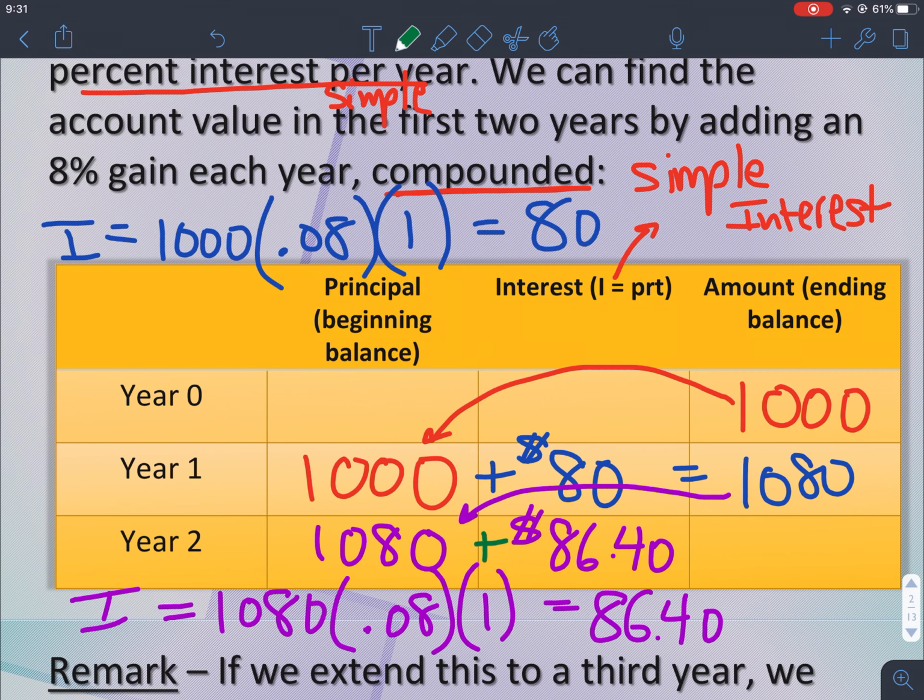So you can see that after 2 years, it's not that I'm earning $80 every single year. This money has the effect of compounding added to it. And so at the end of 2 years, I would have an amount of $1,166.40.